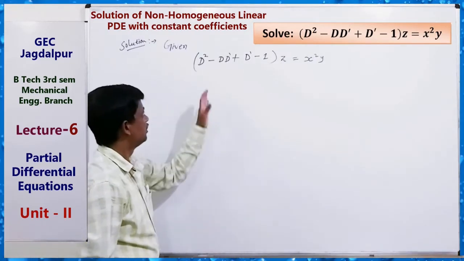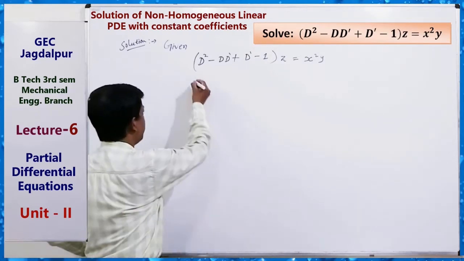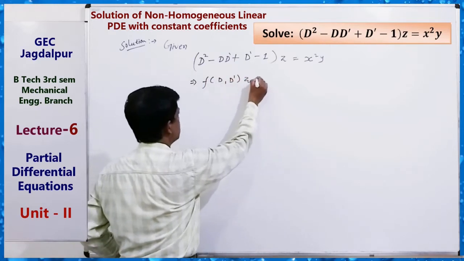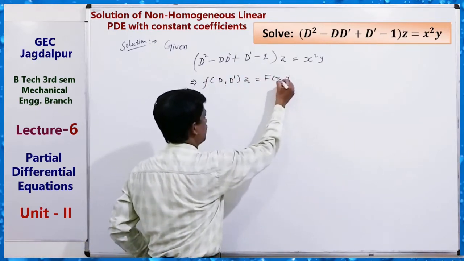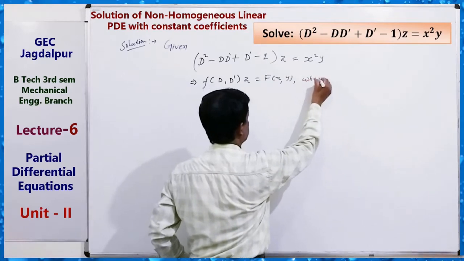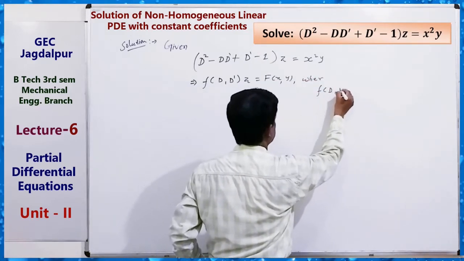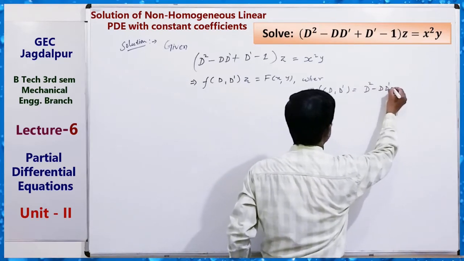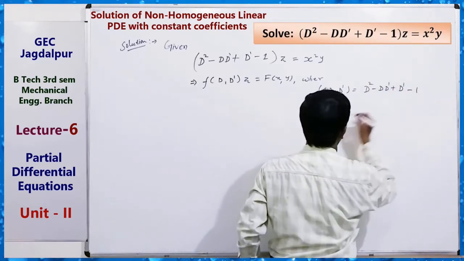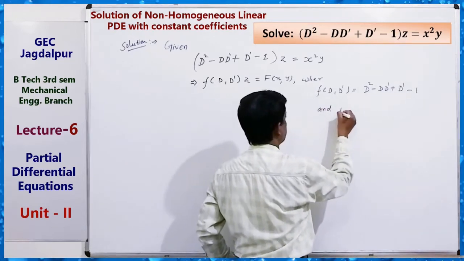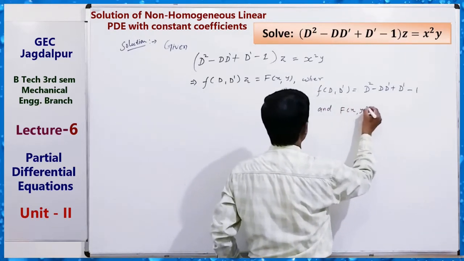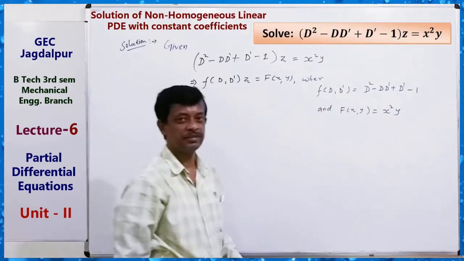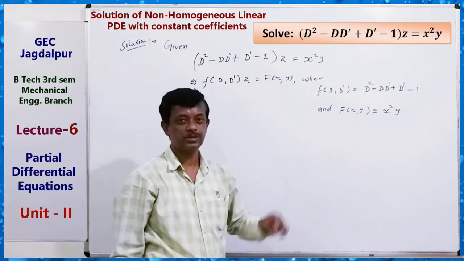Okay, here F(D, D dash) z equals to f(x, y), where F(D, D dash) is D square minus DD dash plus D dash minus 1, and f(x, y) is given as x square y. So you know x square y means x to the power m y to the power n.